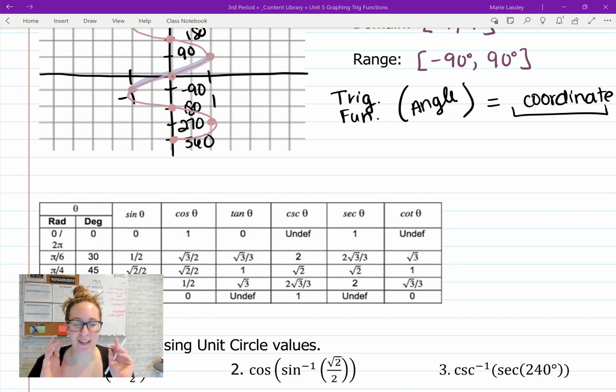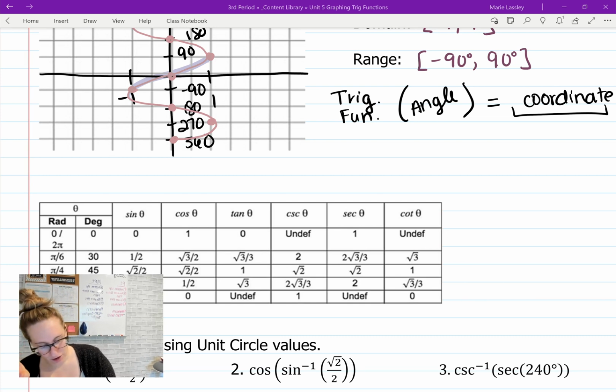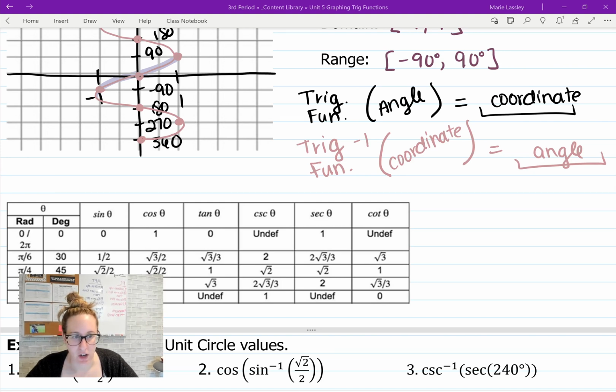A normal trig problem is trig function of some angle equals some coordinate. When we're doing inverse, it's the opposite. It would be some trig function with the -1 of some coordinate equals some angle. Make sure you know the difference.